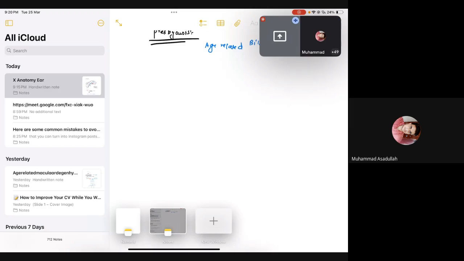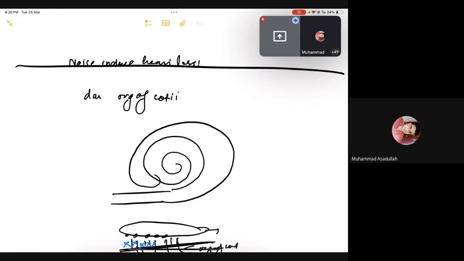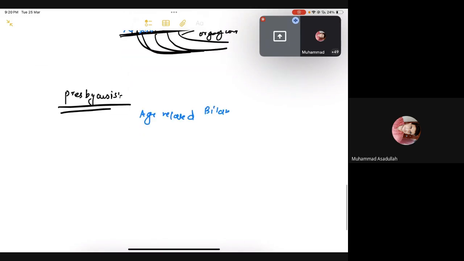So basically, we were discussing the Rinne test and Weber test, right? What do we do in the Rinne test? We are going to take a tuning fork and strike it. First of all we put it on the mastoid process, and we tell the individual to tell us once they stop hearing the vibration. Then we take the same tuning fork and place it in the external ear, like on the pinna or the external auditory meatus.